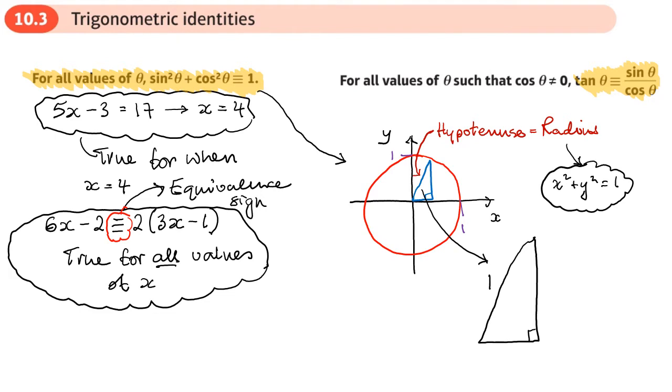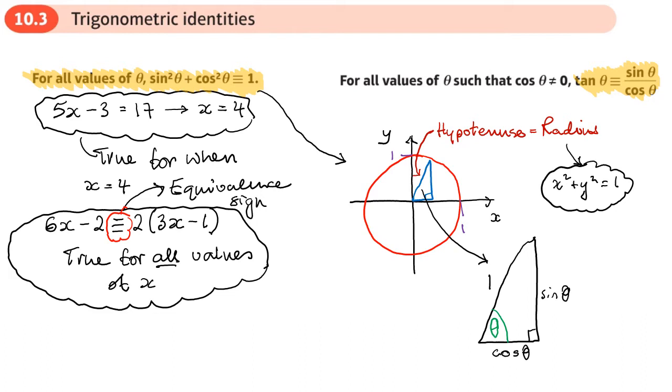If I call this angle down here theta, then using simple trigonometry, the length of the side at the bottom would be cos theta, and the length of this side would be sine theta.